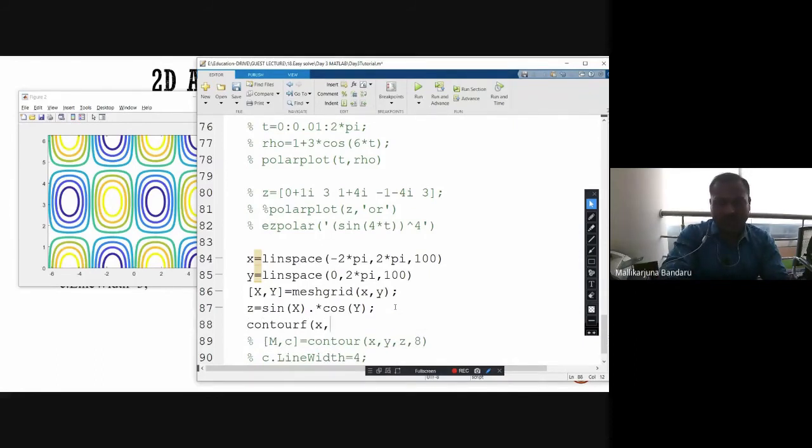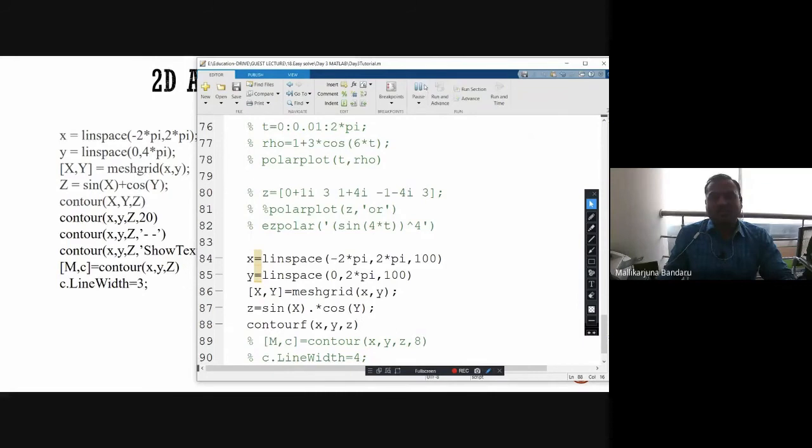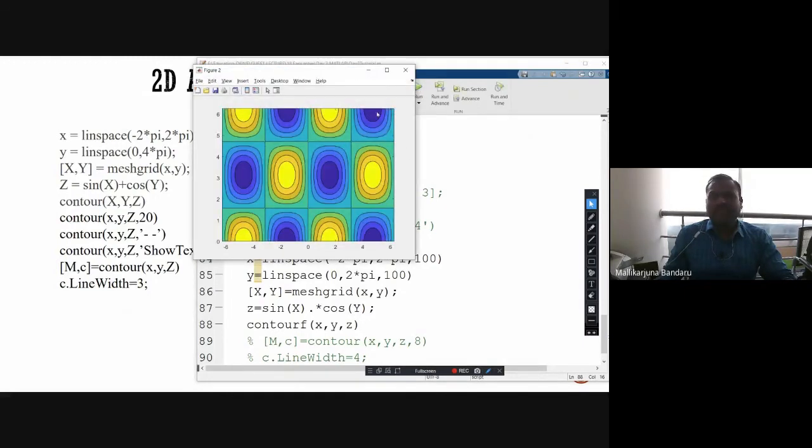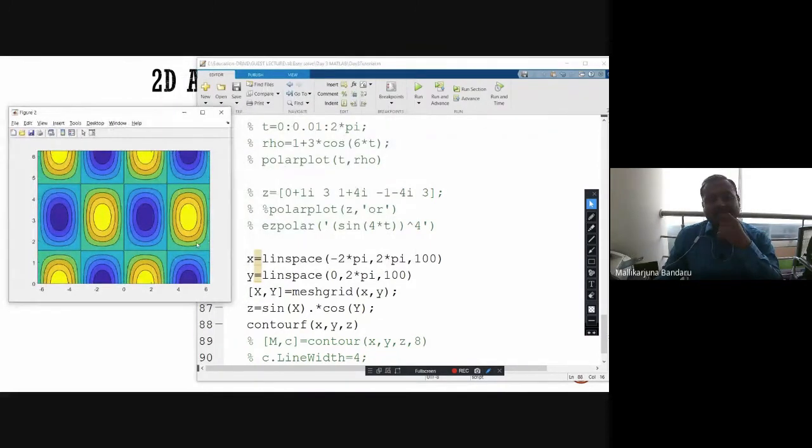Contour F of X, Y, Z. So that means it's filling whatever the gap with different colors. The contour F is nothing but filling in between the contour lines. It is showing the different colors. So that is the contour F syntax. That is the benefit of the contour F.